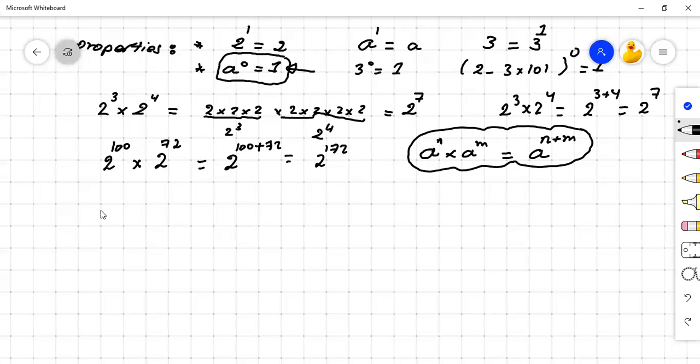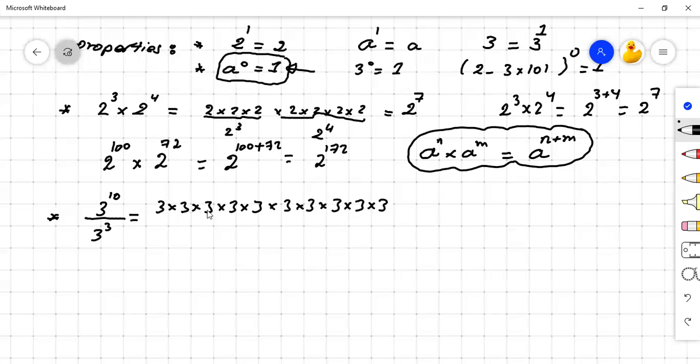If we have, for example, 3 power 10 over 3 power, for example, 3. This is equal to, let's write it, 3 times 3 times 3, 10 times, over 3 times 3 times 3. 1, 2, 3, 4, 5, 6, 7, 8, 9, 10, okay.